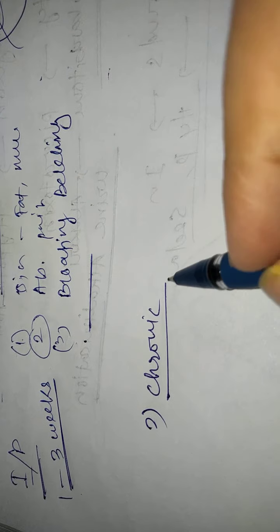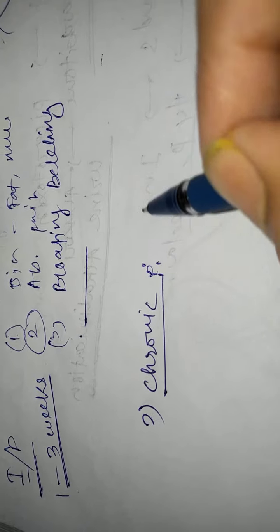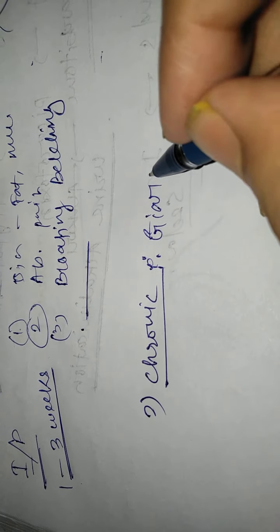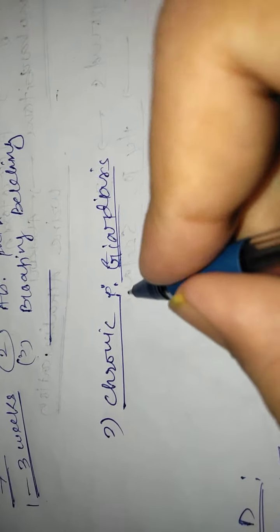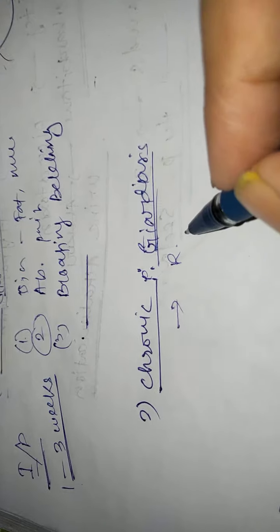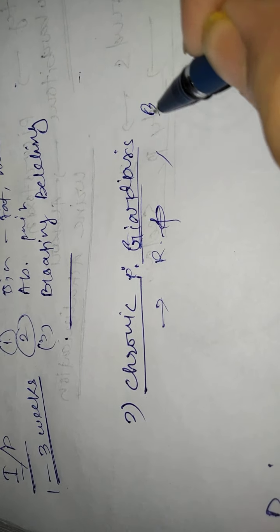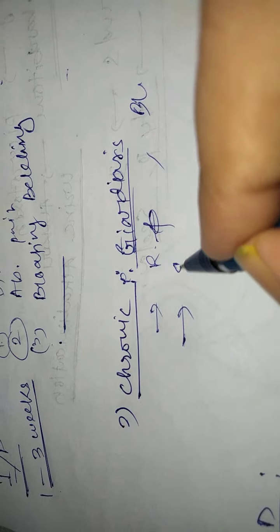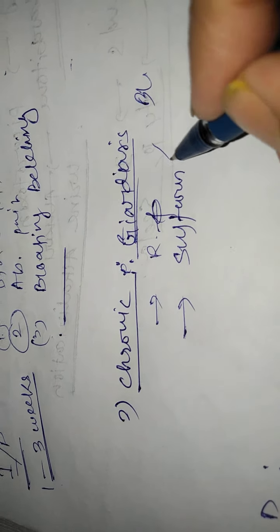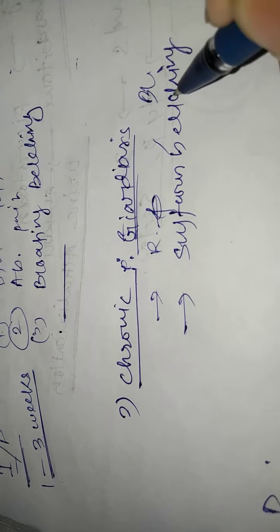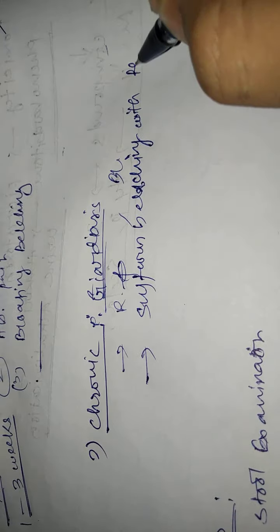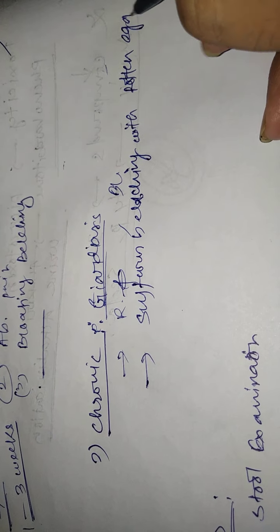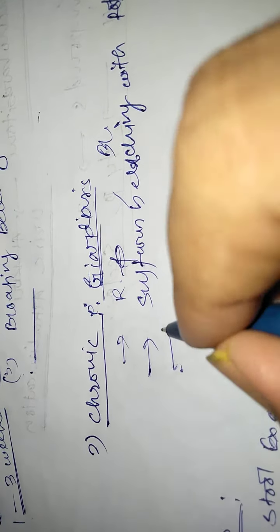In some cases this acute condition can lead to chronic giardiasis, not in every condition. And in chronic giardiasis, there is recurrent diarrhea along with mucus and blood, right? There is sulfurous belching with a rotten egg taste, I mean, the belching is like that.